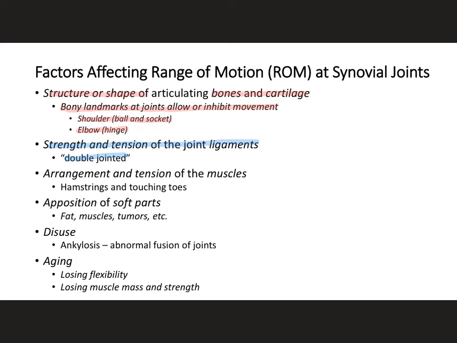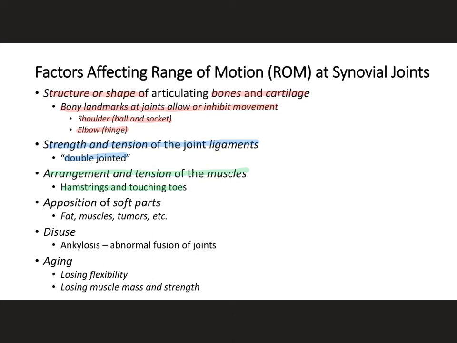This and the next part, the arrangement and tension of muscles, is part of the reason you have a loss of movement in joints as you get older, because these tendons and ligaments can tighten up. So if you're able to touch your toes or put your hands on the floor, your hamstrings are probably stretched out and loose. If you can't, they may be too tight.